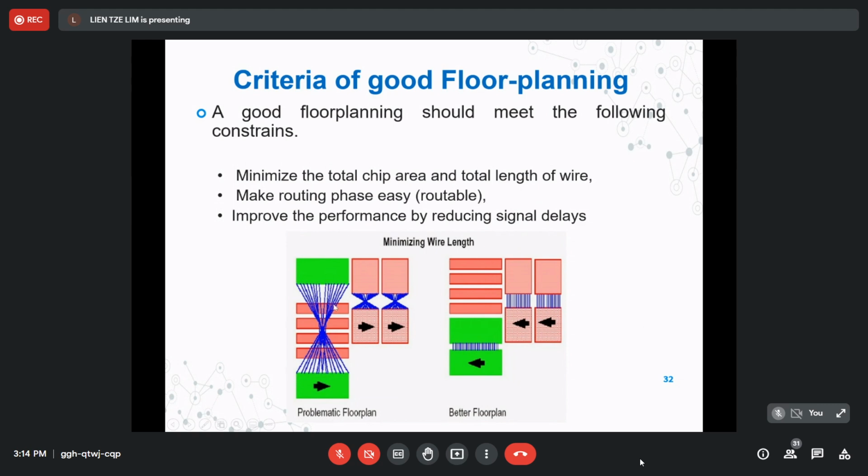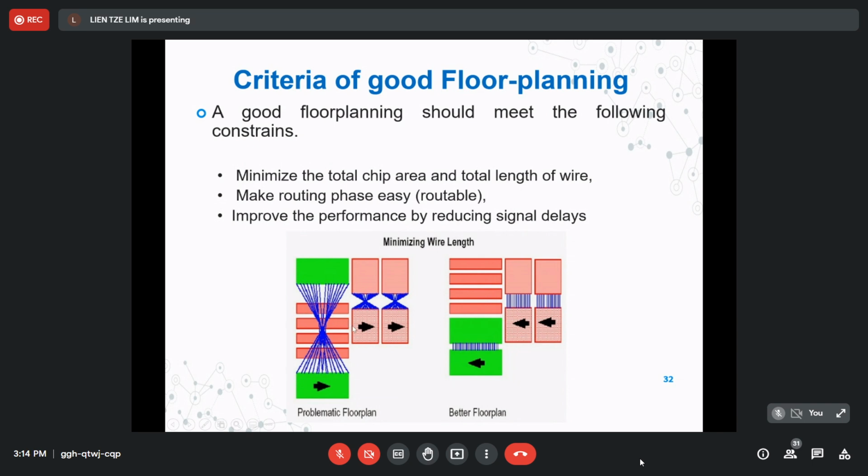You see the arrangement of the wires, and the length of the wire is long. The arrangement is still okay, just that the wire length is very long.